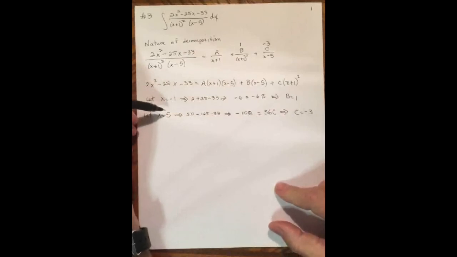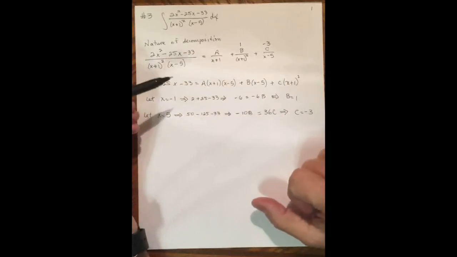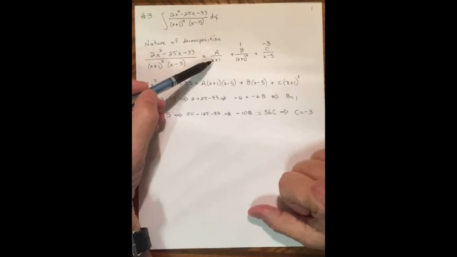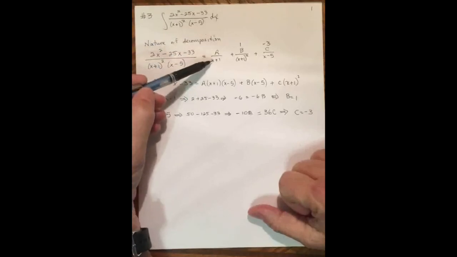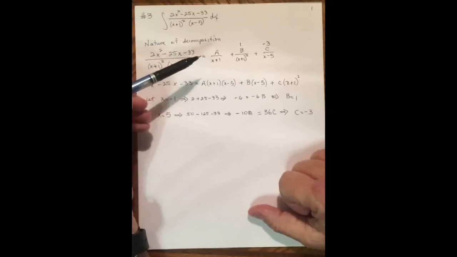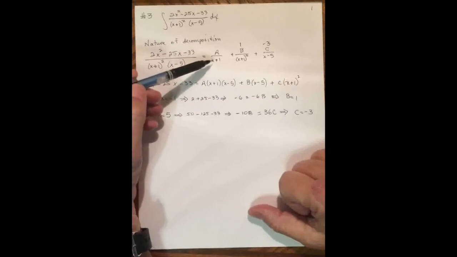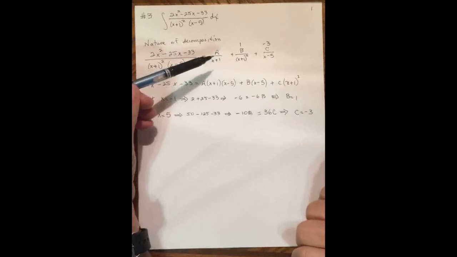I've already used those. If I want to, I can let x equal 12, and I will get the value of a. If I want to, I can let x equal -44, if I was nuts, and I would get the value of a, and it would be the same answer.